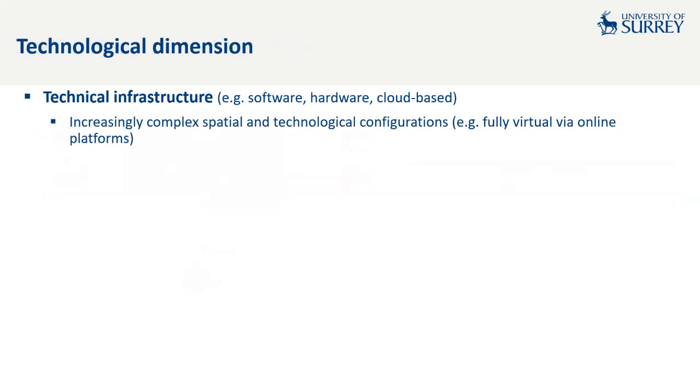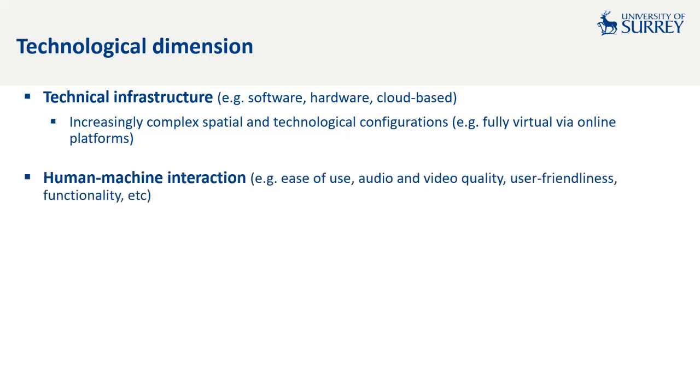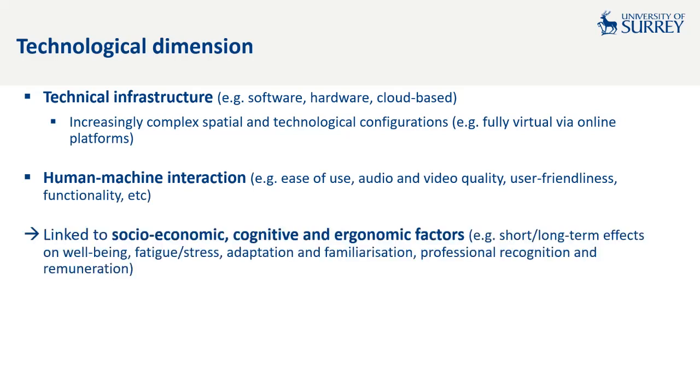This opens up a range of interesting research questions about their operability, functionality, but also in relation to aspects of human-machine interaction, such as ease of use, impact of audio and video quality on performance, interface user-friendliness, and so forth. These are in turn closely related to a range of socioeconomic, cognitive, and ergonomic factors, which also deserve further exploration. For instance, the short and long-term effects of fatigue and stress on well-being, adaptation and familiarization, professional recognition, and remuneration.